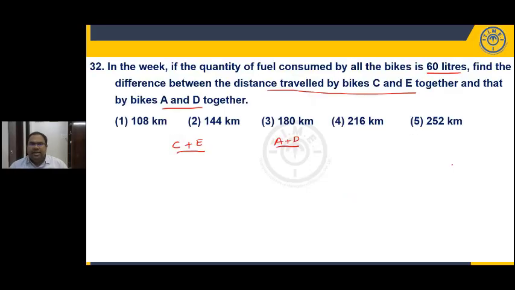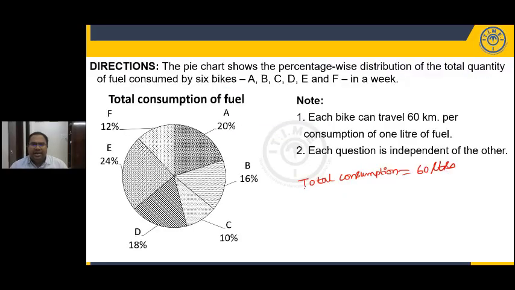Difference in distance traveled by C plus E and A plus D. How will you do this one? Try this one. Anubhav, we will discuss. 31, you look at this first.